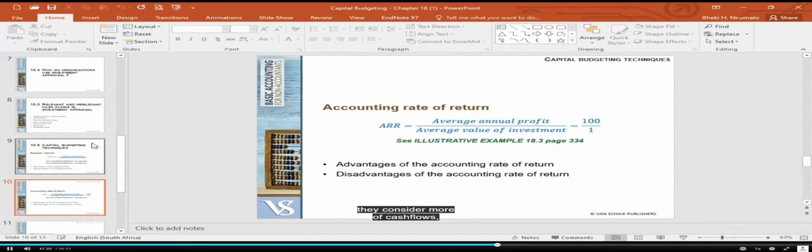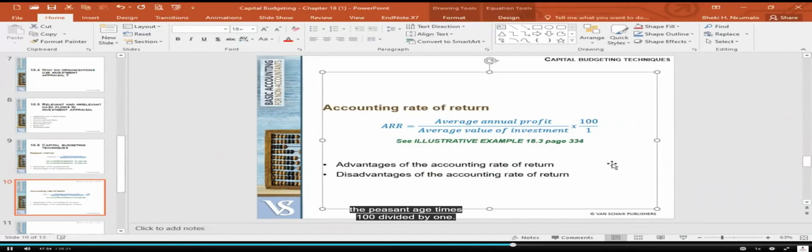So ARR, the accounting rate of return, is your average annual profit divided by the average value of investment. Here it's not equal to, it should be times 100, because at the end of the day you work out the percentage.